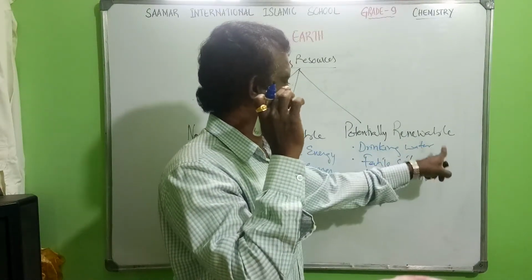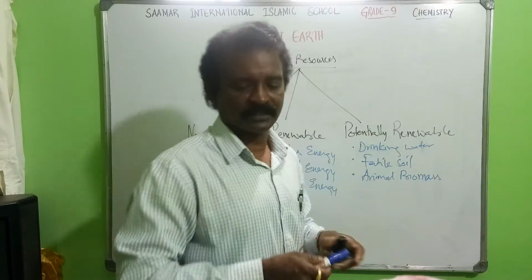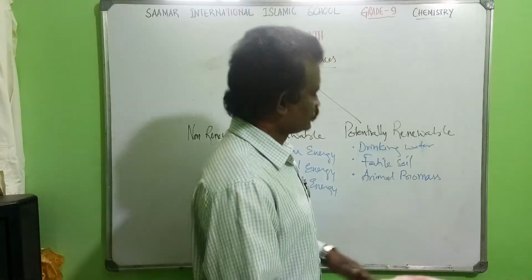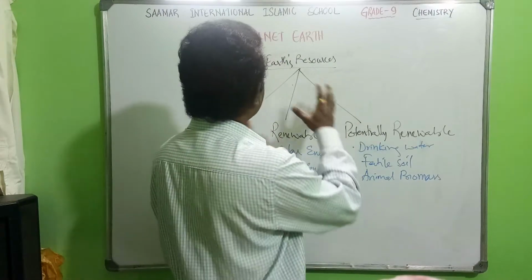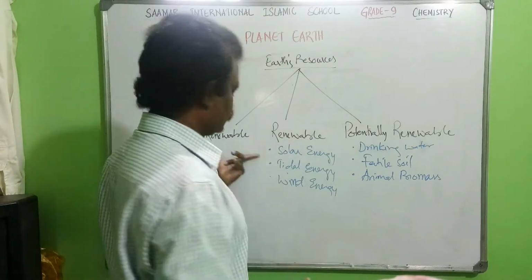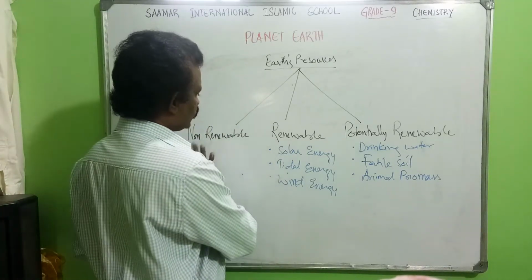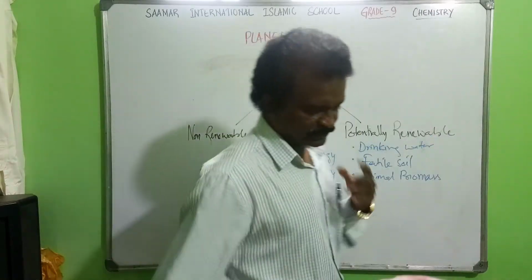Otherwise, we cannot get it back. Fertile soil is very difficult to regain, so we will try to use them in the right way. Now these are the 3 categories under earth resources, or we can also call them material resources: non-renewable, renewable, and potentially renewable.